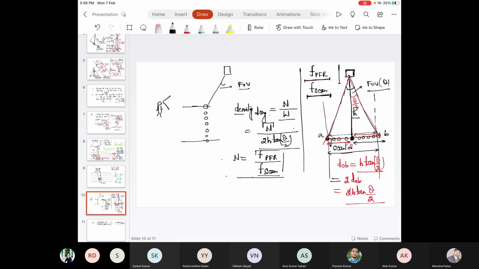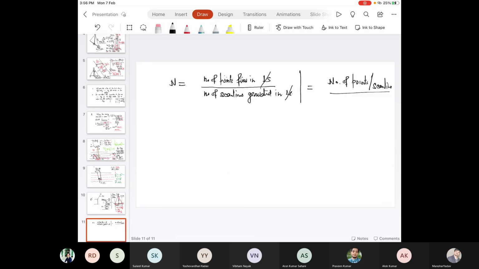This is the equation; let's call it the first equation. And this is the second equation. So if we substitute the second equation into the first, what will you get?